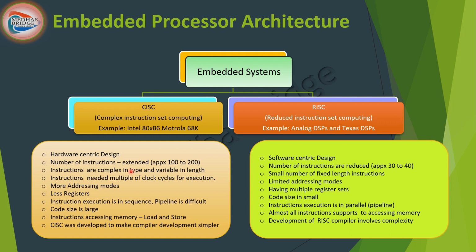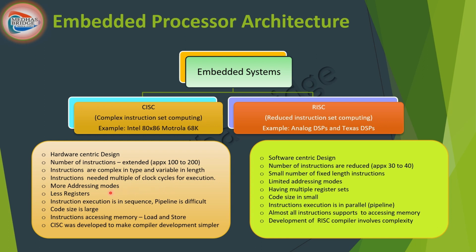That means the instruction sets are pretty large, so you have to think through how you can design your hardware. Instruction sets are complex in type and variable in length. So this is one of the challenges when you are a developer writing code on CISC processors. Instructions need multiple clock cycles for execution. You can make an important note of this statement.